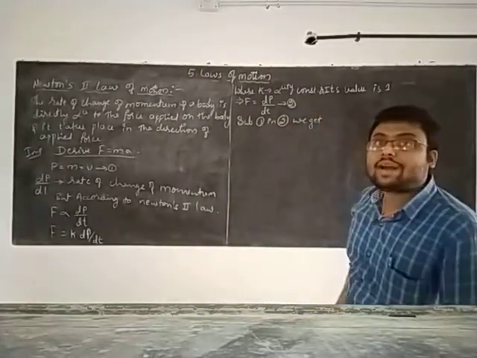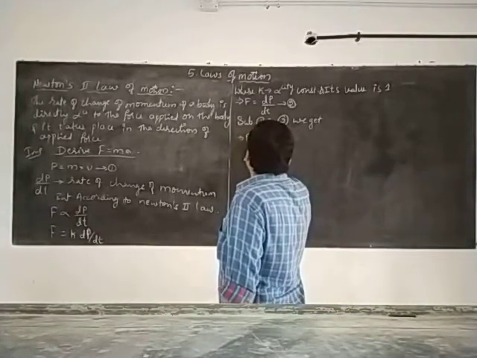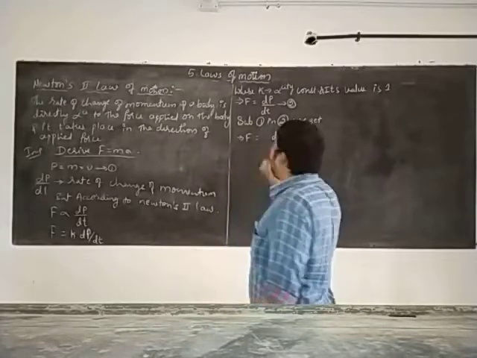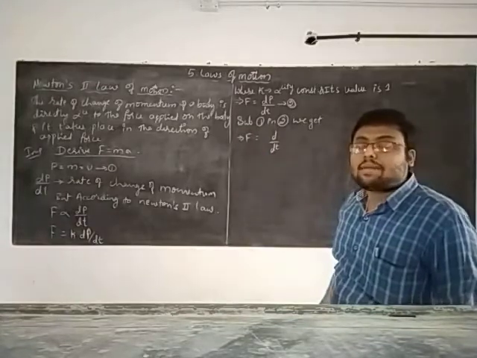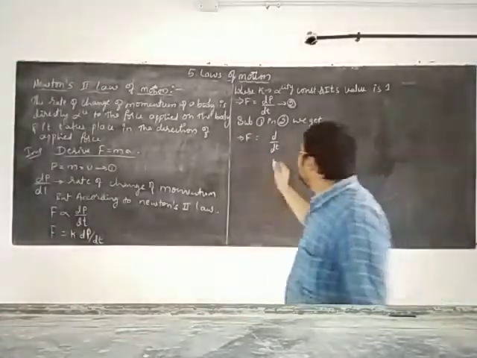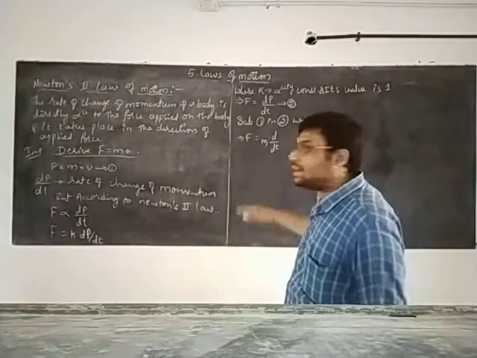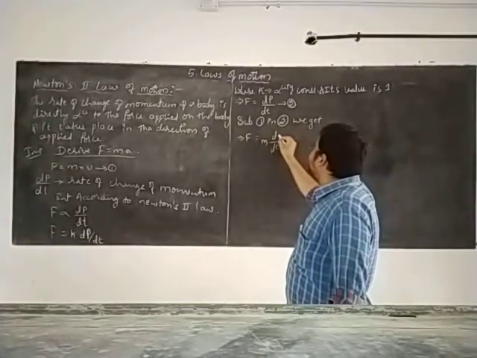Substituting equation 1, we get F is equal to d by dt of (m into v). But m is the constant mass. Mass is always constant, so we cannot differentiate that mass. So take it outside, and the variable here is v.